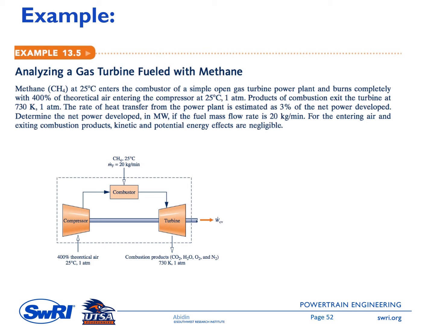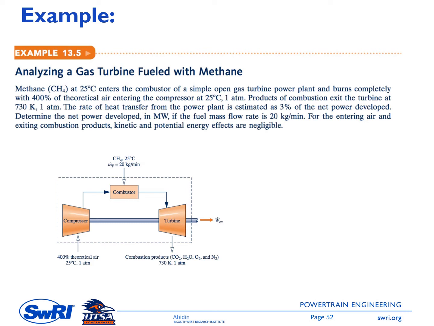The rate of heat transfer from the power plant is estimated as 3% of the net power developed. Okay, so the Q is 3% of the net power developed. Determine the net power developed in megawatts if the fuel mass flow rate is 20 kg per minute for the entering air and exiting combustion product. Kinetic and potential energy effects are negligible.